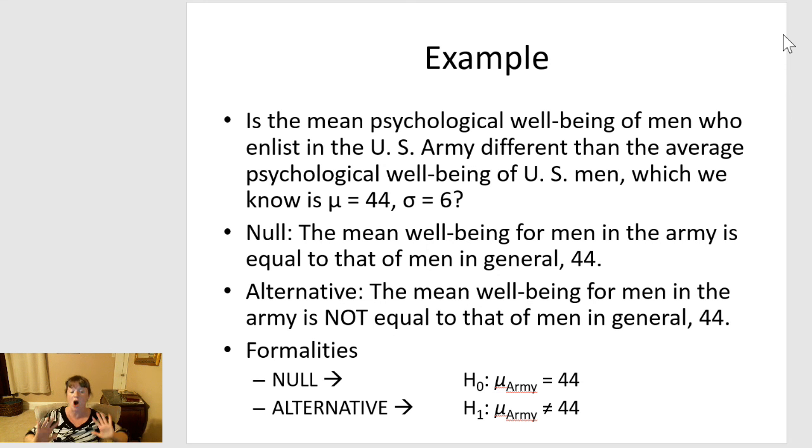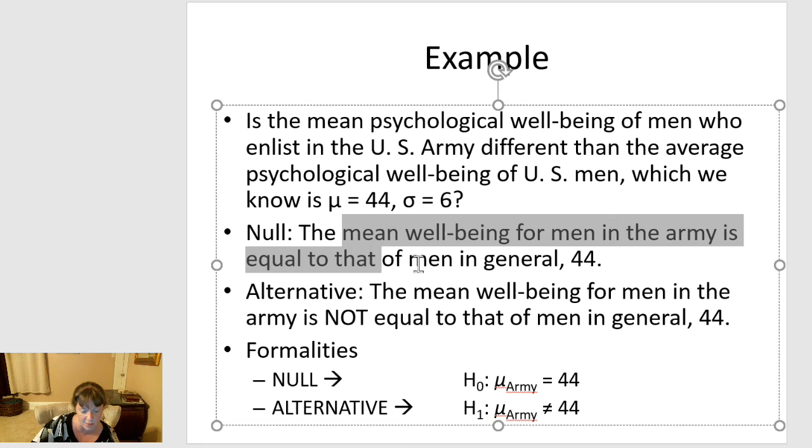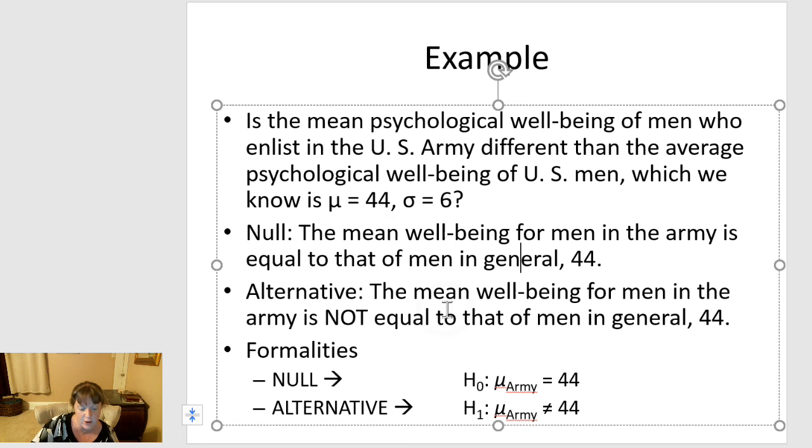So I'm going to do a non-directional set of hypotheses. Because I suspect that being in the Army is going to change men's well-being, I create my comparison null hypothesis where I say that the average in the Army is going to be equal to men in general. So it's going to be equal to 44.